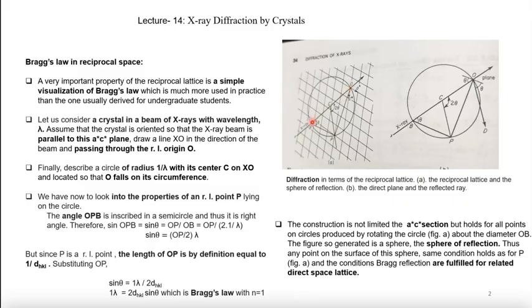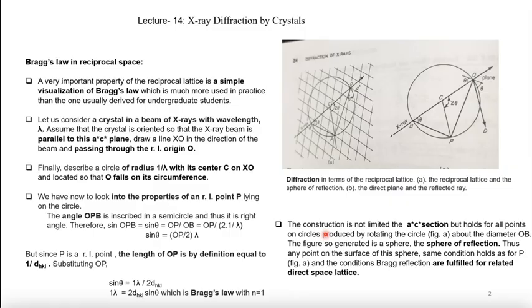From there we find the relation, and you can see we come up with the Bragg equation. That is a direct visualization of the Bragg equation using a reciprocal lattice construction. In the figure we are showing this construction as well as the direct plane and the reflected ray in this B.